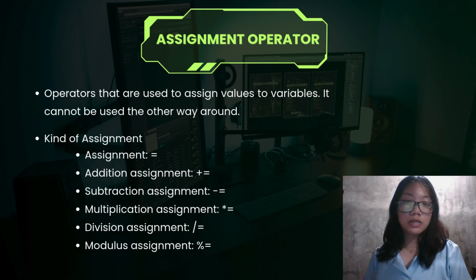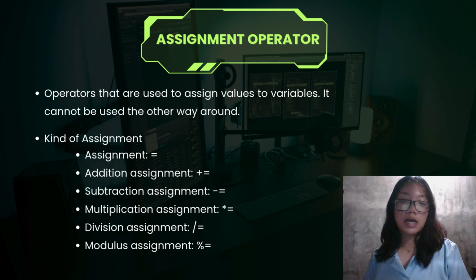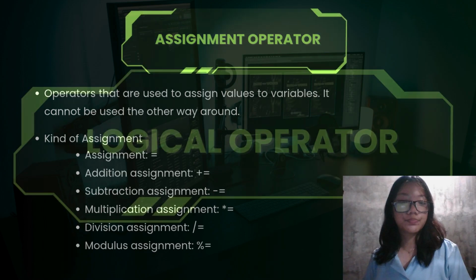These include plus equal sign for addition, minus equal sign for subtraction, asterisk equal sign for multiplication, slash equal sign for division, and percent equal sign for finding the remainder. These are commonly used in loops or accumulative calculations, such as when you need to repeatedly update a value.